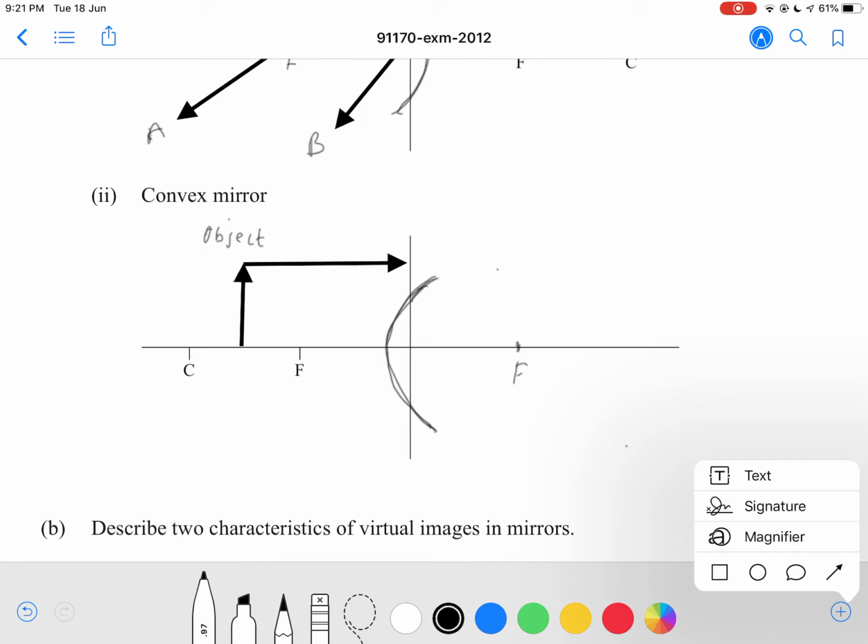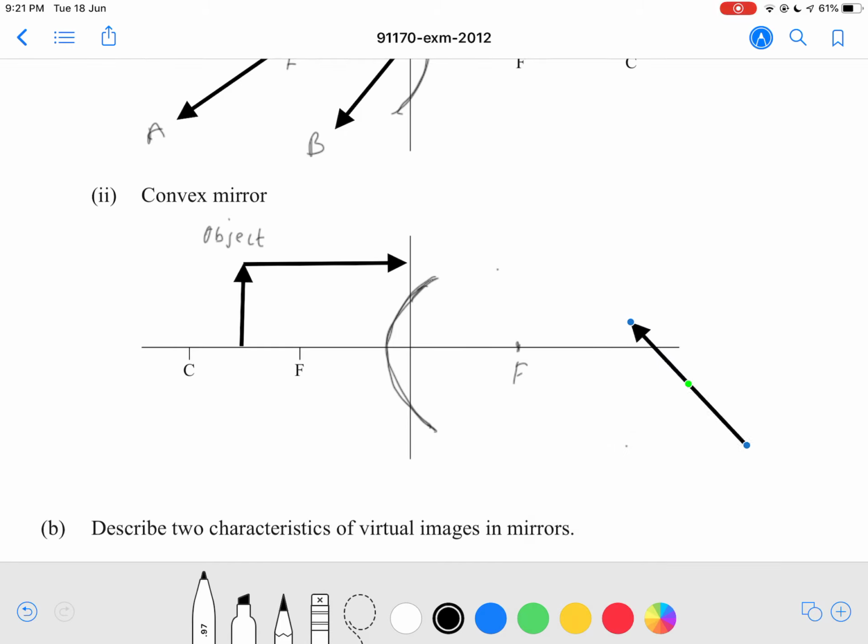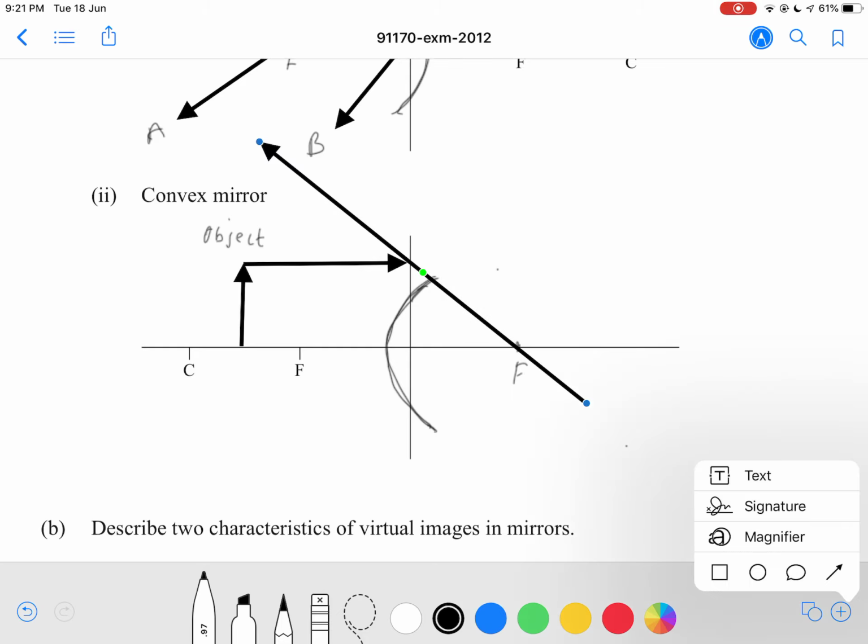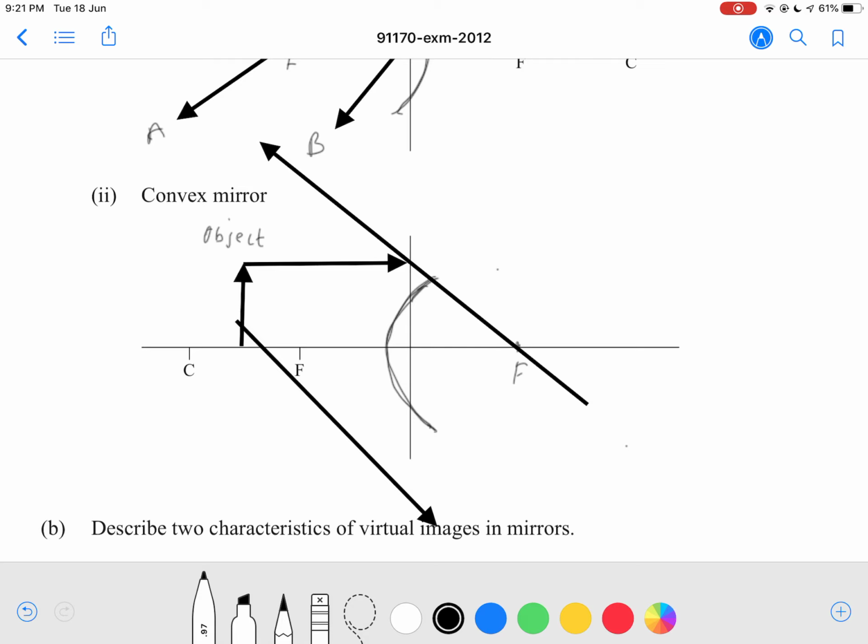The ray is going to reflect back towards this end here. But if we dot back the ray, it's going to pass through the focal point. So it should look something like this, going right through the focal point. Once again, the other ray is going directly below to the horizontal axis, and it works the same way as the concave mirror would.